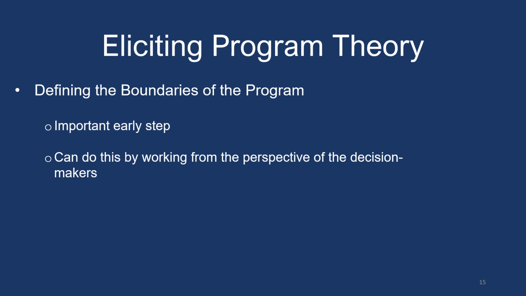So, if you've received a program or you're reviewing a program and you're trying to elicit the program theory, they might not say that we're offering this because it will impact this other thing. But they might say, we expect to see these changes, and here's what we're going to do to bring them about.